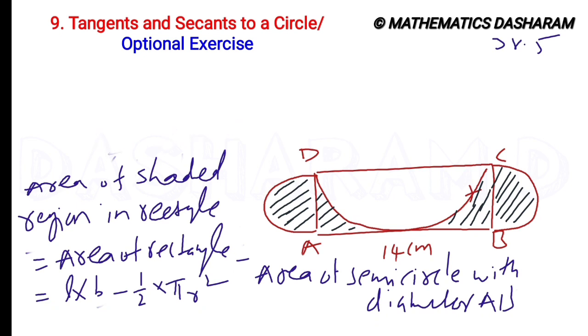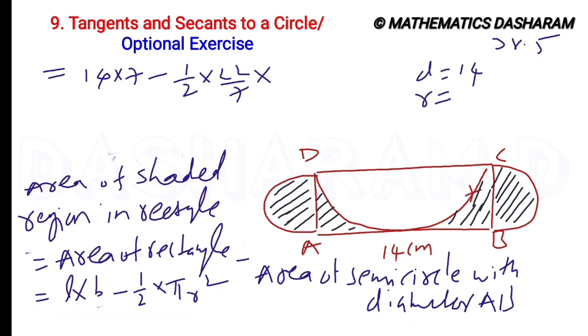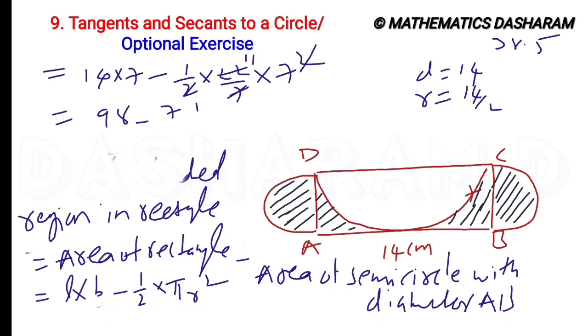So let us substitute the values. Length 14 and breadth 7, minus 1 by 2 into 22 by 7 into the radius of the semicircle with diameter AB. AB is 14, so the diameter is 14 and the radius equals 14 by 2, which is 7 square. 14 sevens are 98. 2 ones are 2, 11s are 77. Here the square cancels.